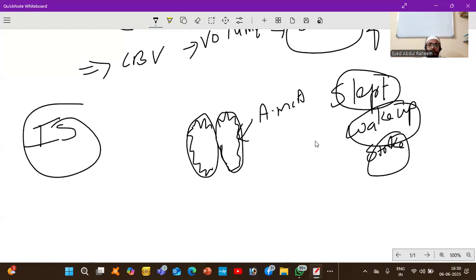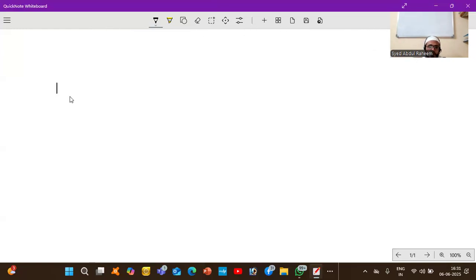So what will happen? You will get two things here: one is the penumbra, and another one is the infarct core.